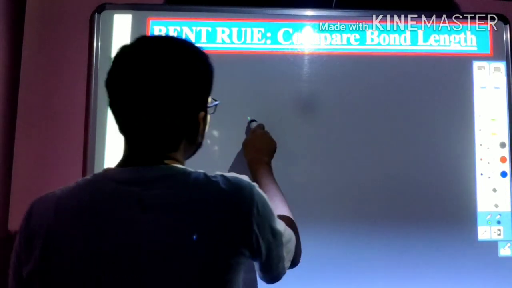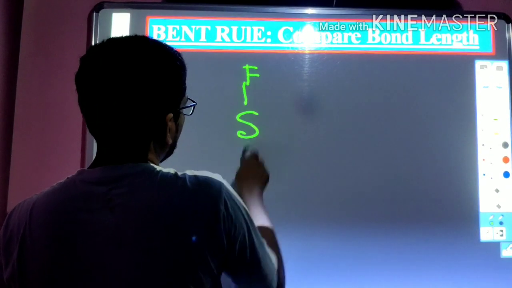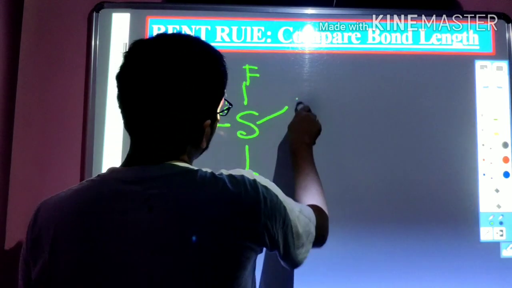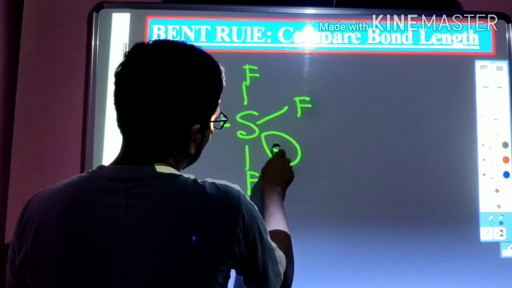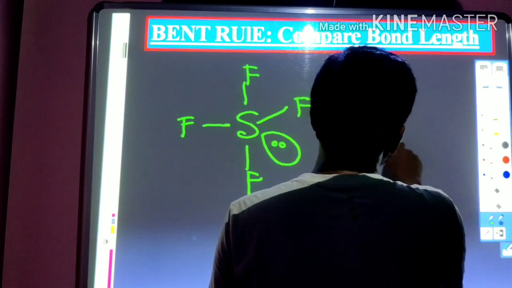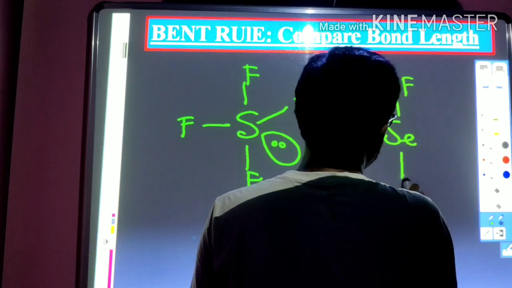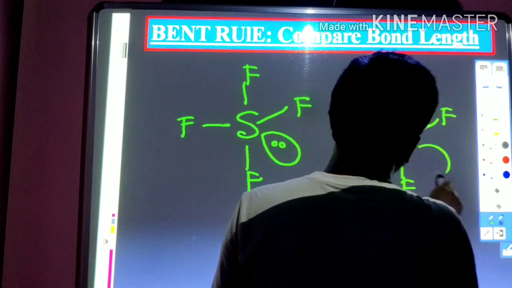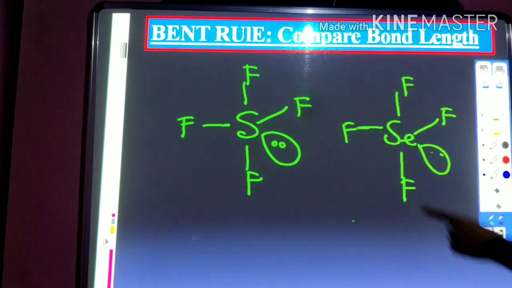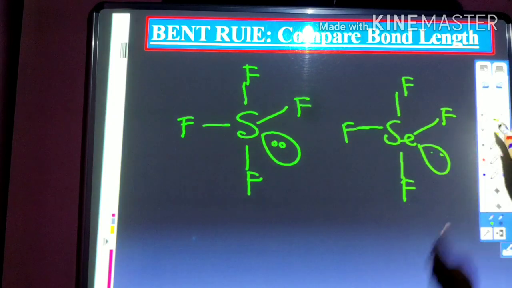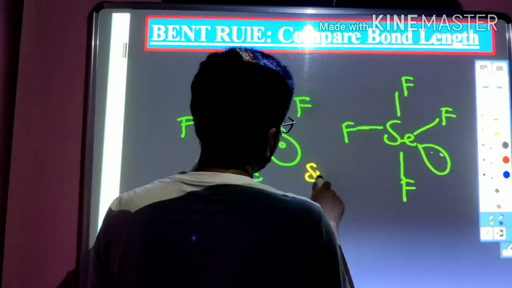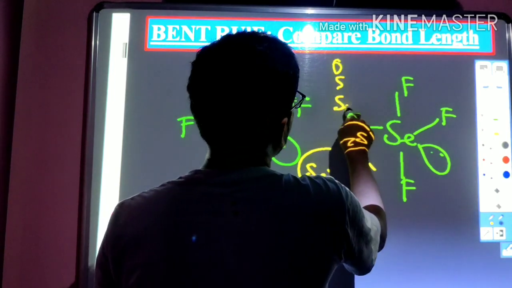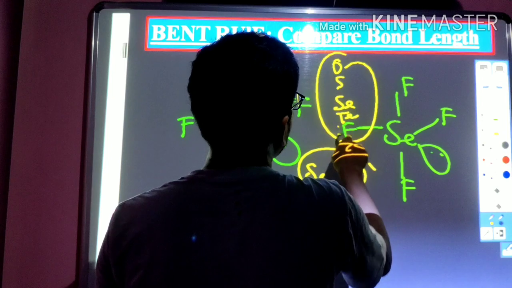Next, SF4 and SeF4. Both have four fluorines and one lone pair, with sulfur in one and selenium in the other. Of course, the size of Se is more than sulfur; the order is oxygen, sulfur, selenium, tellurium, and then polonium.